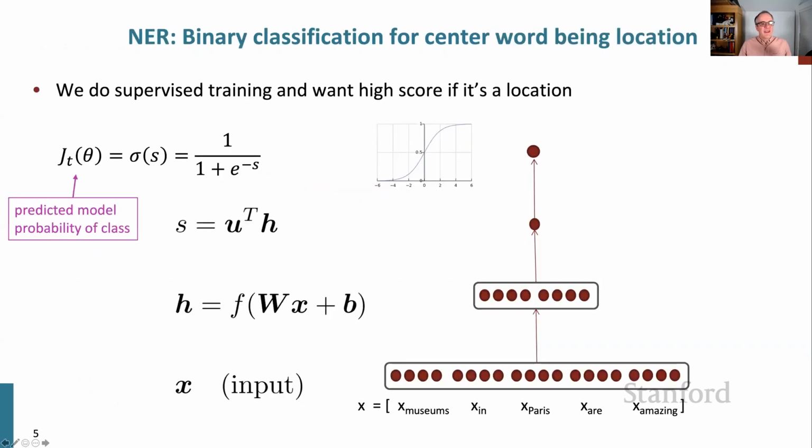For getting our loss here, the true answer as to whether a word is a location or not will be either 1 if it is a location or 0 if it isn't. Our logistic classifier will return some number like 0.9, and we'll use the distance away from what it should have been, squared, as our loss.